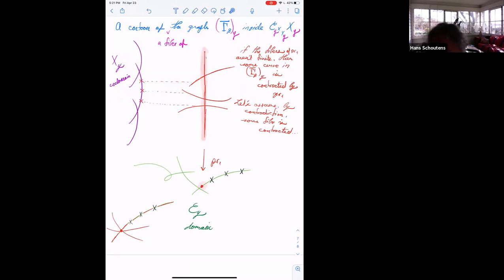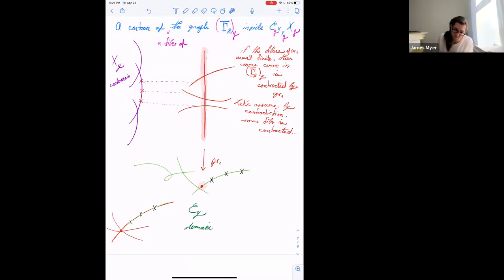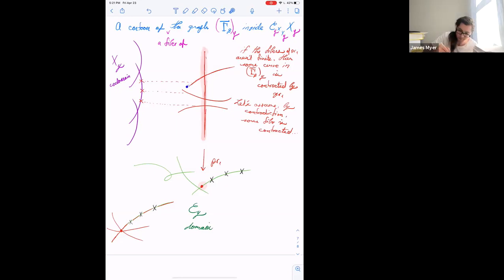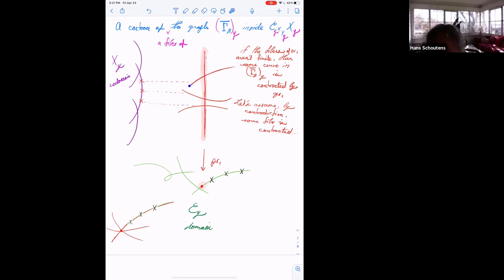Yes. And then when you form the closure of the graph, these new things appear. And do they have 3 points? The new things that appear when you take the closure of the graph, do they also have, by continuity, some 3 points?